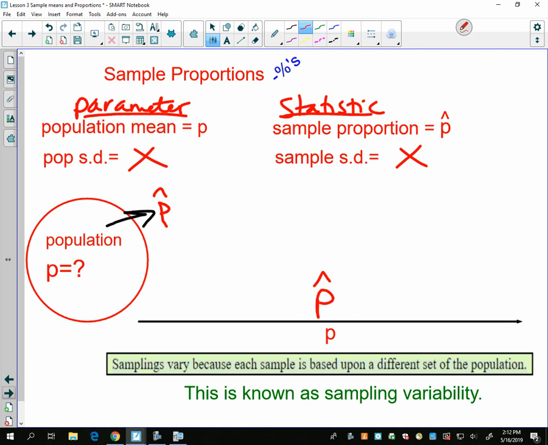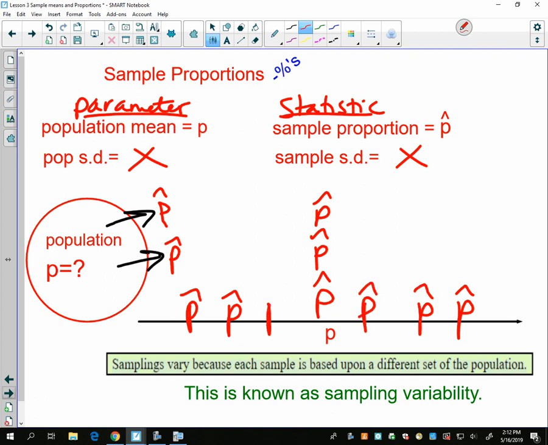Where do you think that p hat will lie? Yeah, on top of where the true proportion of the population lies. And then I'll take another one. Where do you think that one ends up? Probably on top. Most of them are going to stack up on top. And then again, due to sampling variability, you get a bunch of different p hats.